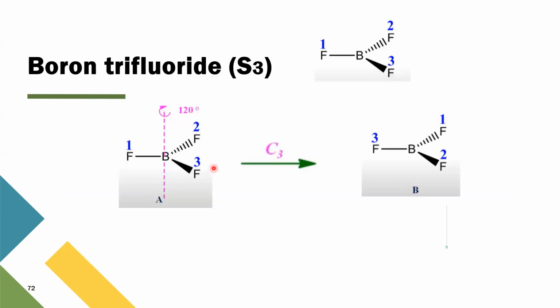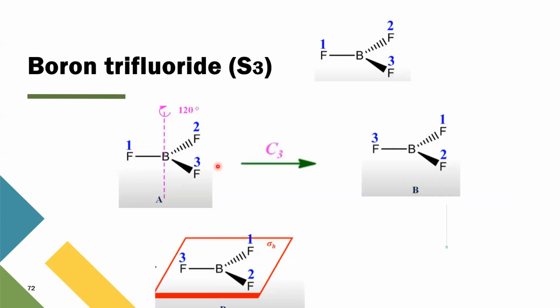Perpendicular means it's the plane of the molecule. So when you do a sigma h, that means when you bisect all 4 atoms horizontally, you get the similar structure, and again you get an indistinguishable orientation. So it has S3 improper rotation. Okay?